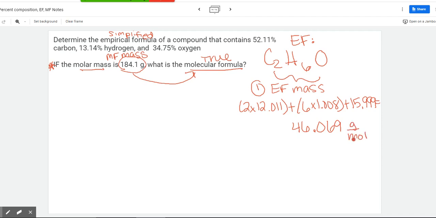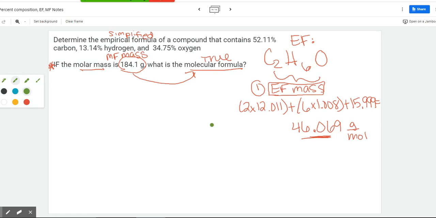All right. So this right here, this is the empirical formula mass, right? This is your molecular formula mass. So as you can see, this is the smaller number. So the actual formula that we're going to use in order to calculate these things is going to be similar to what we did when we were trying to find the empirical formula, right? We had to divide all of them by the smallest because you want that ratio to the smallest amount, right?